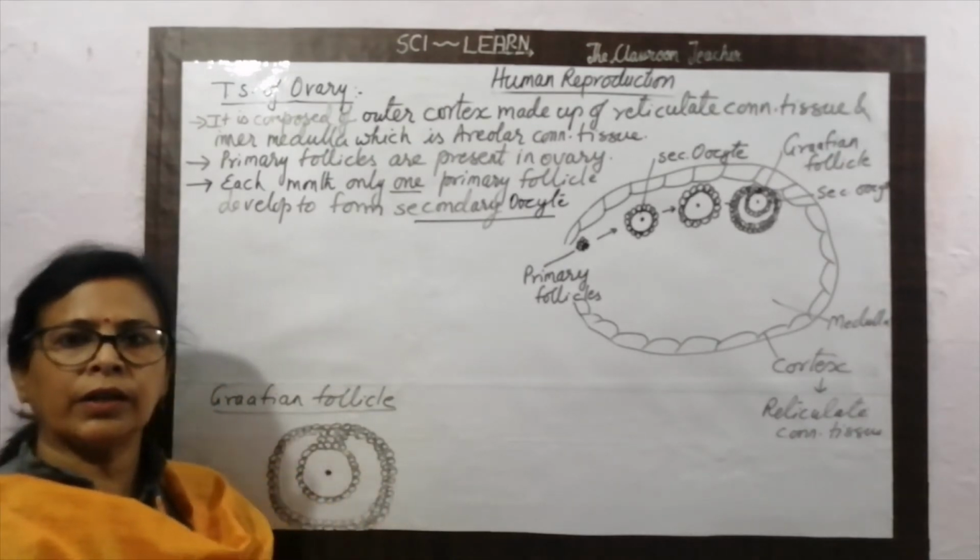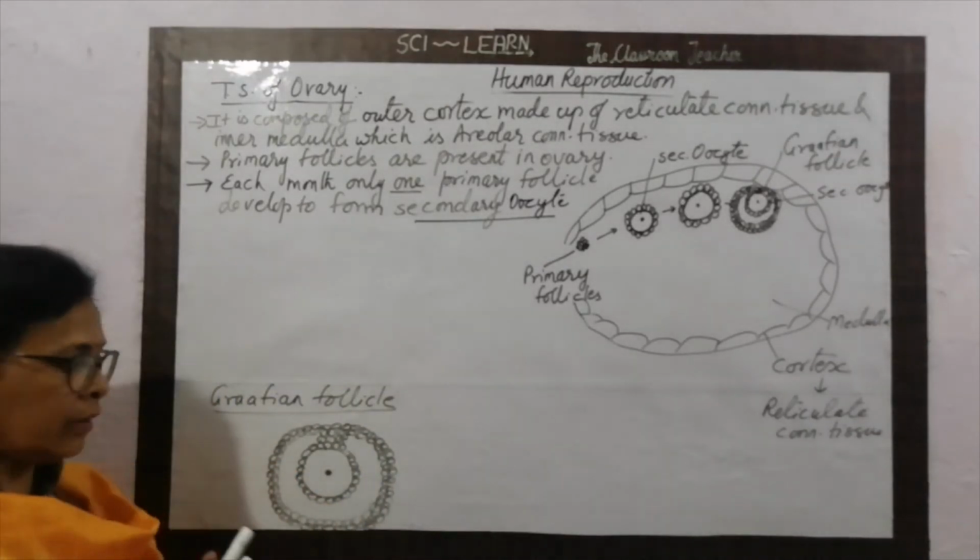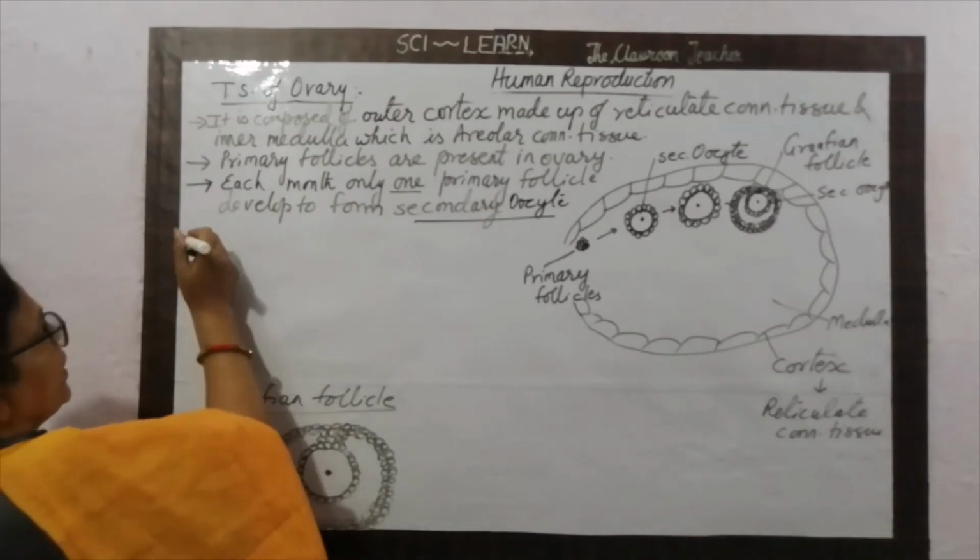The Graafian follicle has many layers of follicle cells.